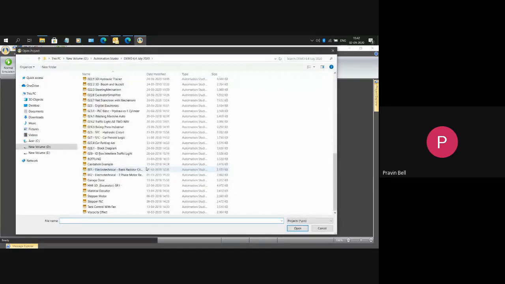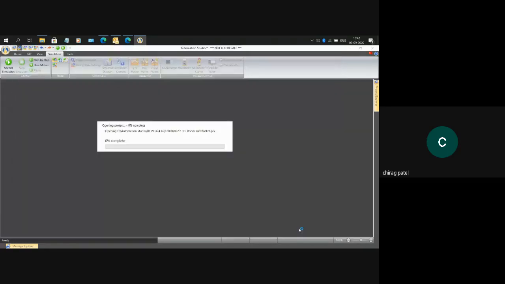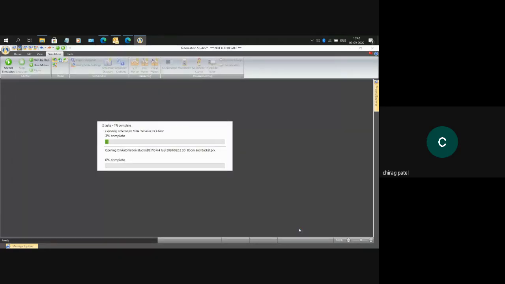We also have something known as a 3D interface in Automation Studio. I want to show one catalog component.